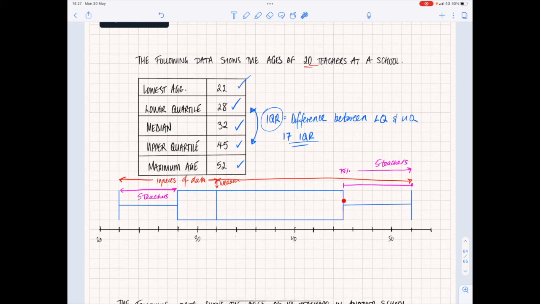We can say that 5 teachers are greater than 45. And therefore we could also say that there are 10 pieces of data that fit in this box, because 50% of the data from 25 to 75 fits in there. Okay, so that's how you can use your interquartile range. You can use your upper quartile, your lower quartile to estimate how many teachers fit in each piece of data.